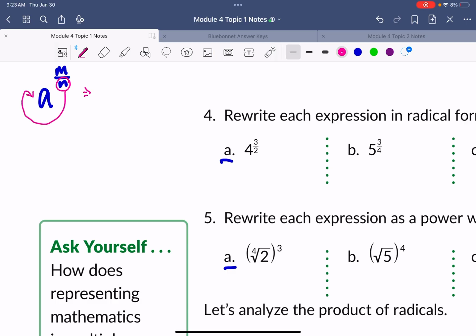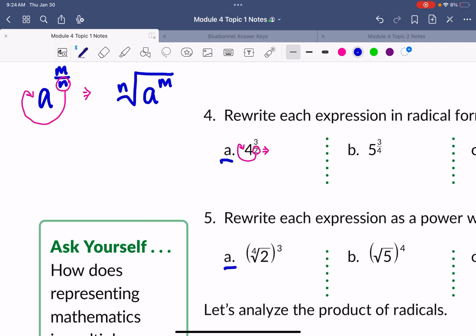So if we write it as the index, this becomes the nth root of whatever my a to the n power is. So we're going to be doing that, all right? So I need to take this denominator and write it as the index of my radical.